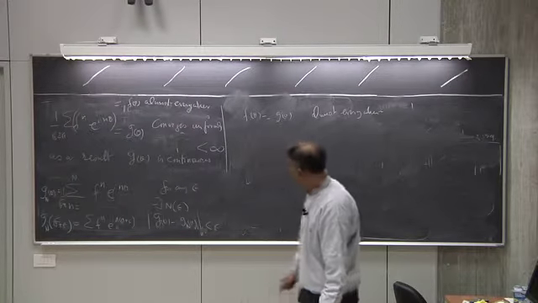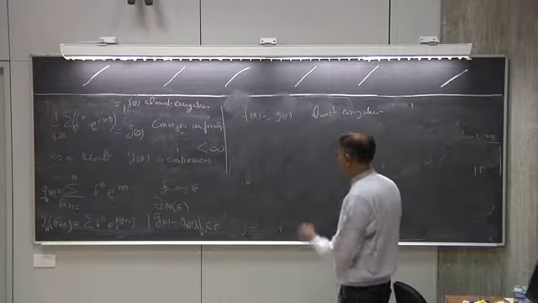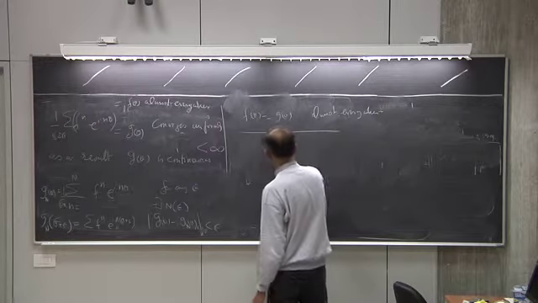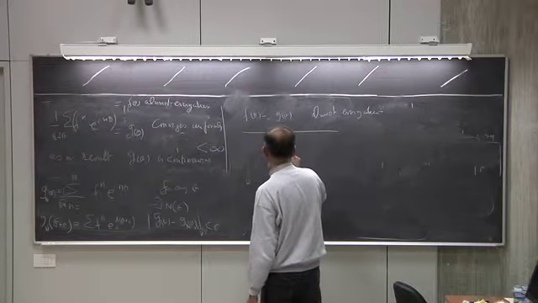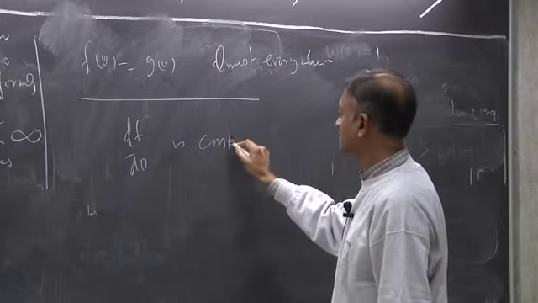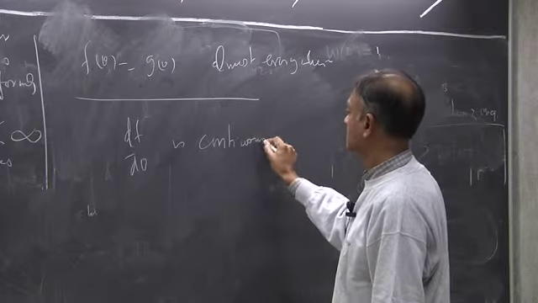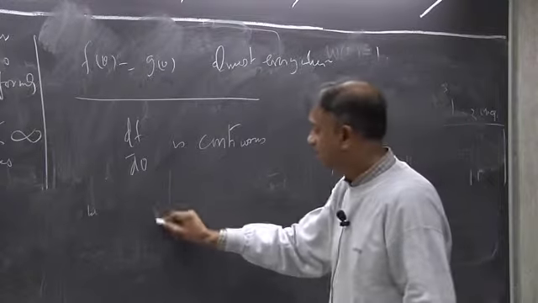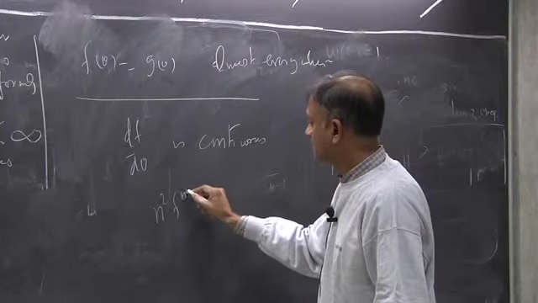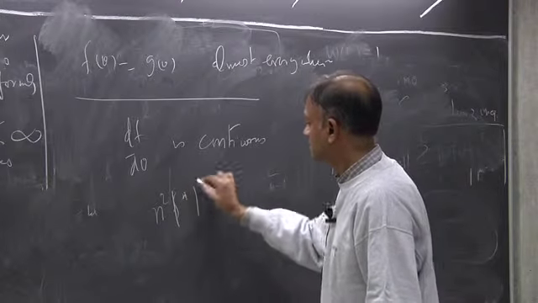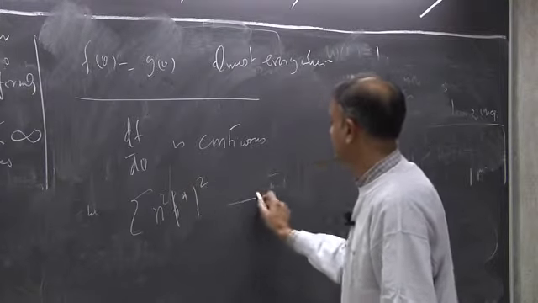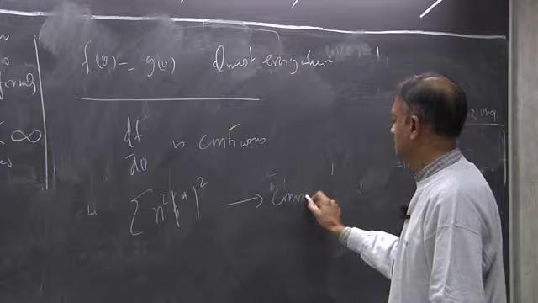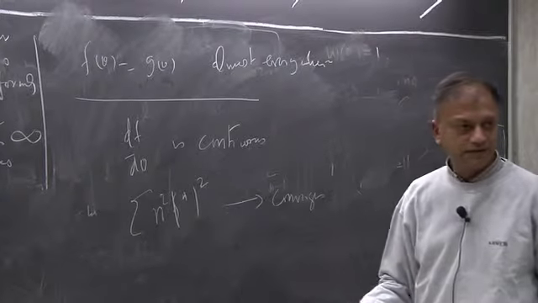And so in this proof, it was assumed that df/d theta is continuous. That was the crucial point here. That's why we got the bound that the sum of n squared f_n squared converges. That's how we obtained that.